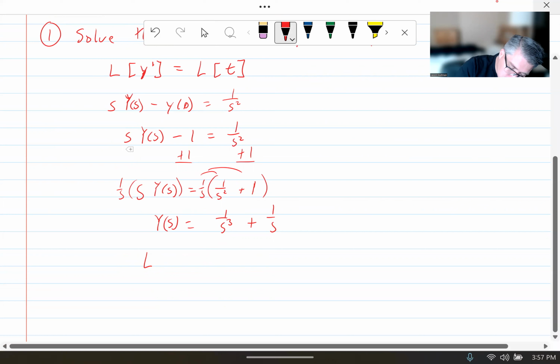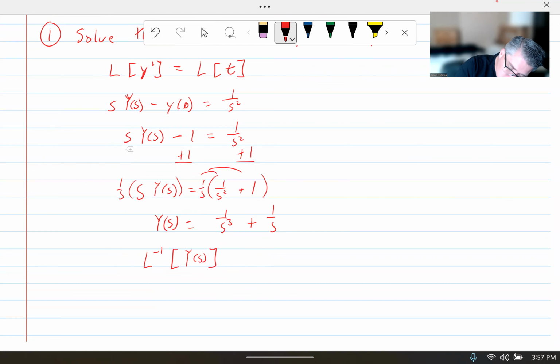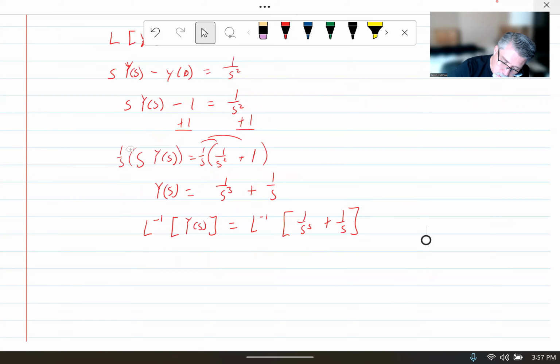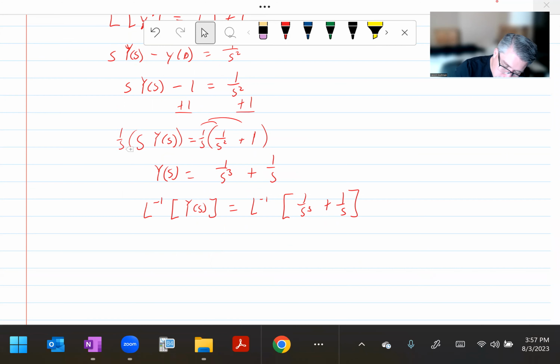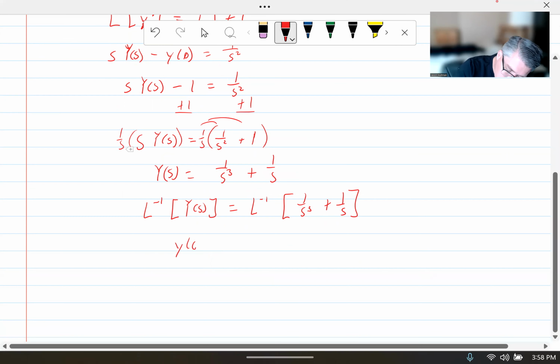So the inverse Laplace transform of Y of s is equal to the inverse Laplace transform of 1 over s cubed plus 1 over s. This is just going to become y of t.